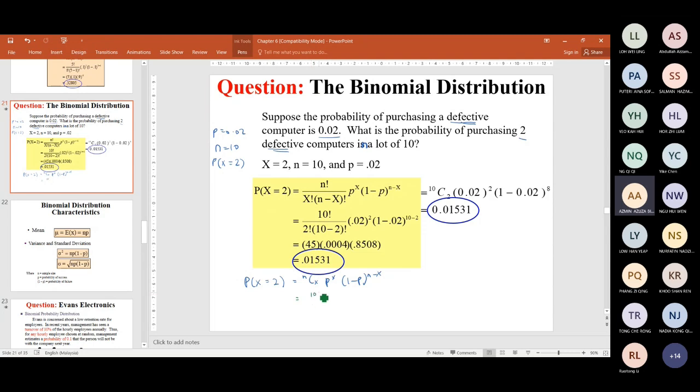Oh, sorry, maybe I should write this one first. Substitute the value first. That's just a general formula. So ours now is x equal to 2, and our n is 10. 10C2. Our P is 0.02.